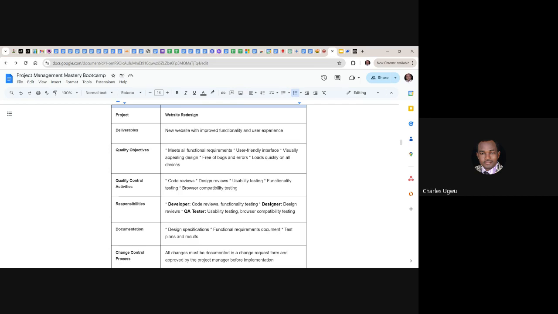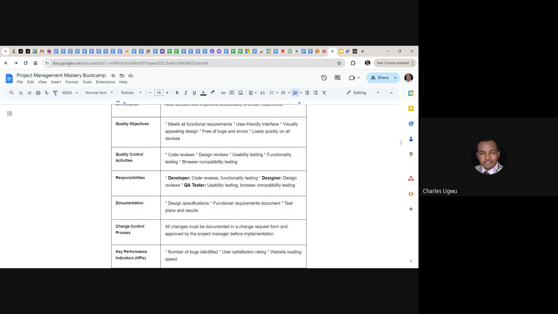And not only that, you need to specify who should be doing what, because it's not only you that will be doing everything. So you need to be prompting whoever's supposed to do it. Here you see code review? You need to monitor developers when they are doing their code review to make sure that the quality is being met. Then you need to do functionality testing.